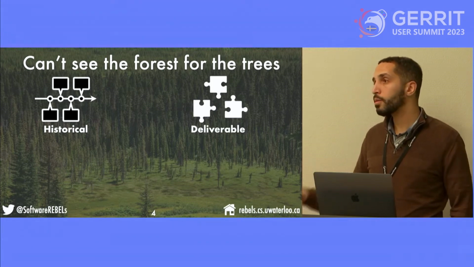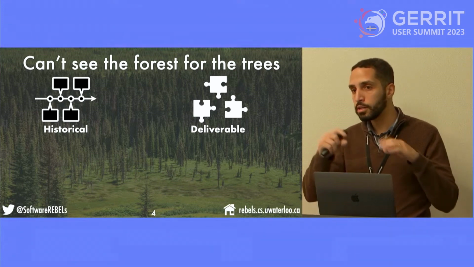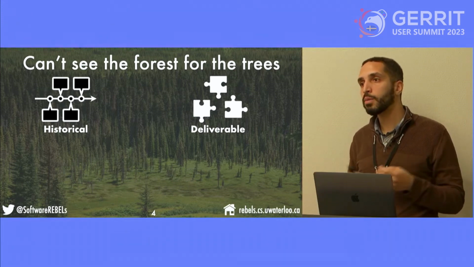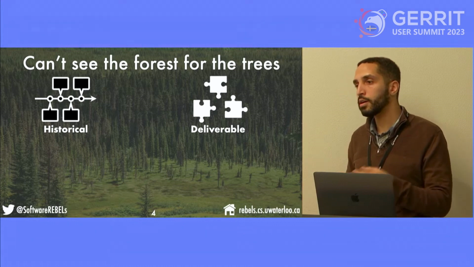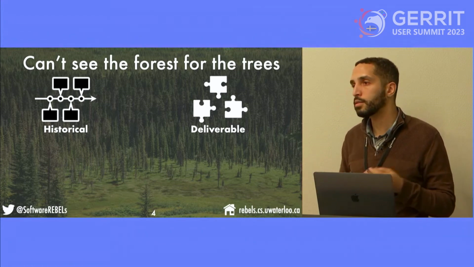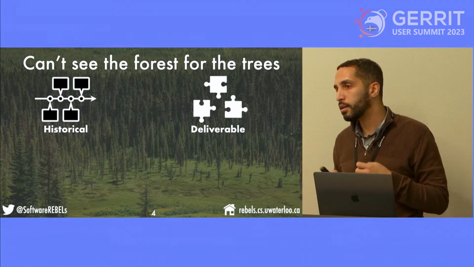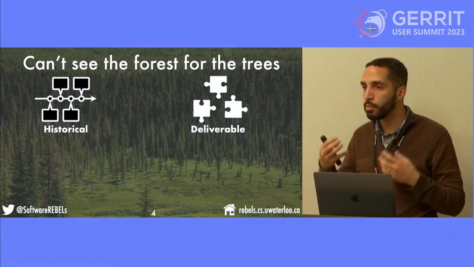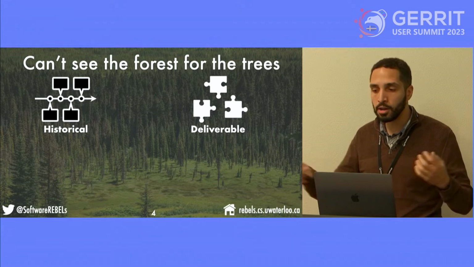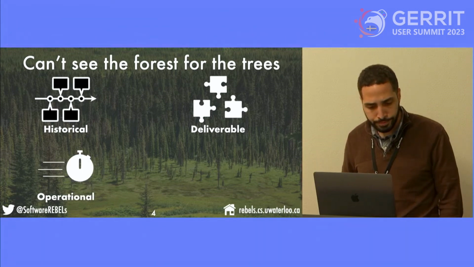We try and incorporate the deliverable context. You're changing files, and those files might only end up in deliverables under specific constraints, let's say the Mac OS X variant of your product. Incorporating that kind of information can also enrich code review.